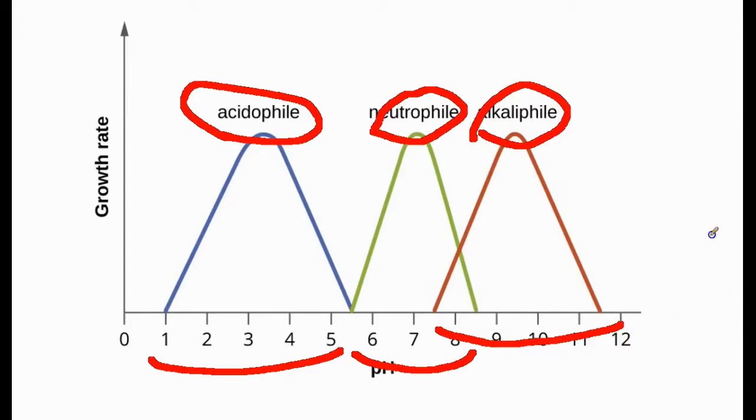Therefore, when the pH decreases, so we're going towards this part of the graph, the neutrophile microorganisms and the alkalophile microorganisms will be killed off. That's how yogurts are preserved longer, because of the acid molecules which are produced.